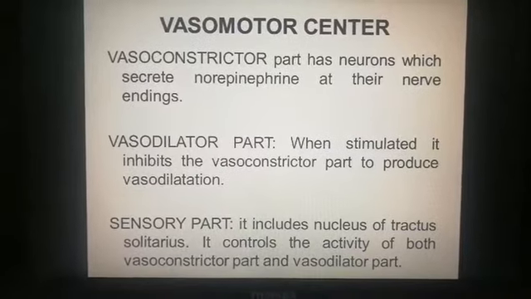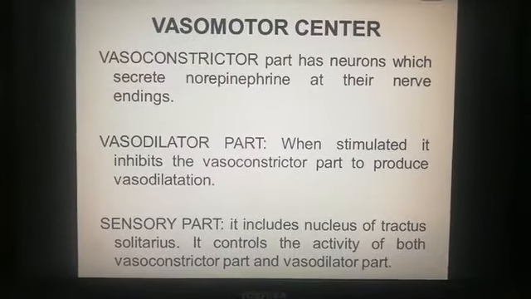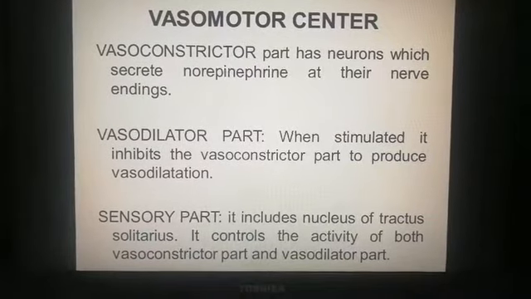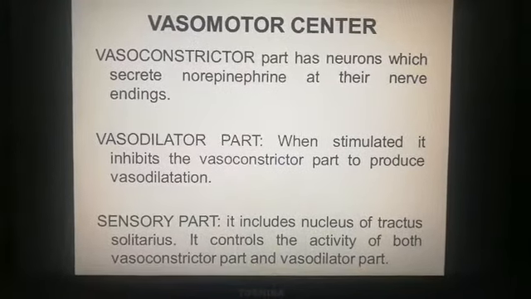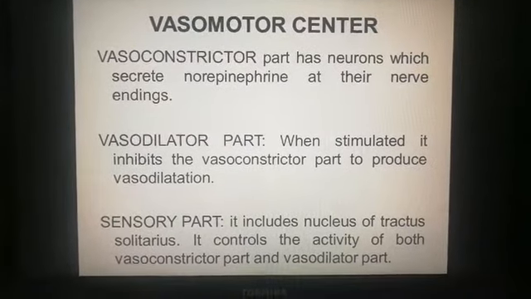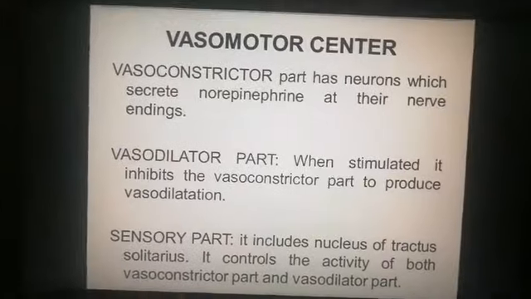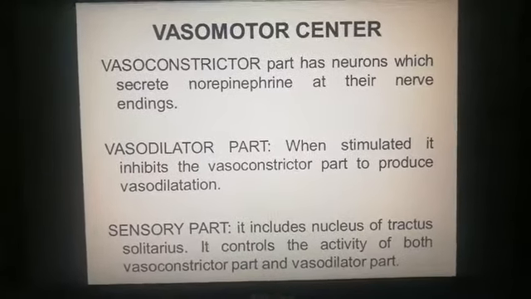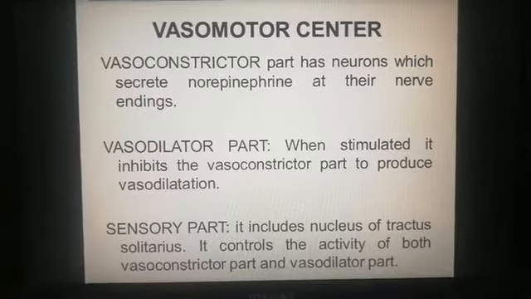From these baroreceptors, the sensory nerve fibers take the signals to the vasomotor center in the brain, in the medulla and pons. The vasomotor center is present in the medulla and pons, so the signals are carried from blood vessels to the vasomotor center through sensory nerves.